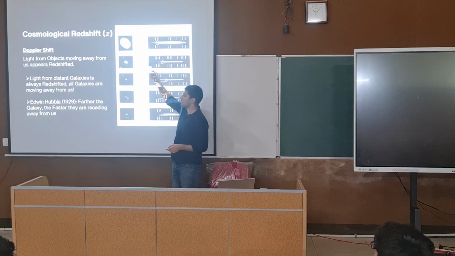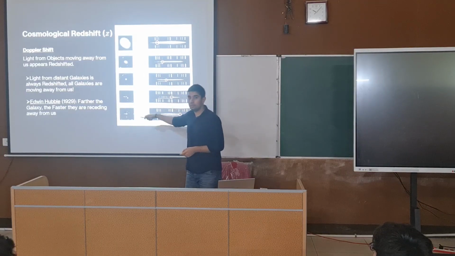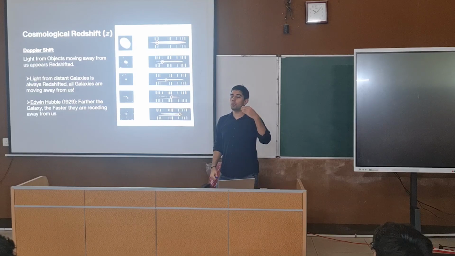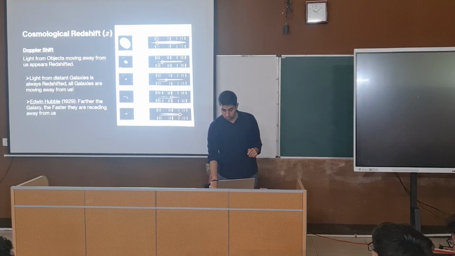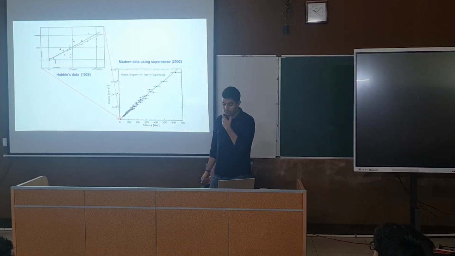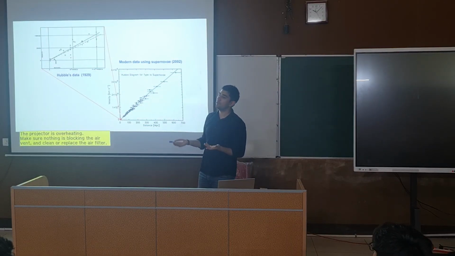A farther galaxy is moving faster, even farther, moving faster again. So if you look at galaxies which are farther away from you, all of these are moving faster. Now this is again a huge conundrum as to how that is possible, but this was nonetheless observed by Hubble.